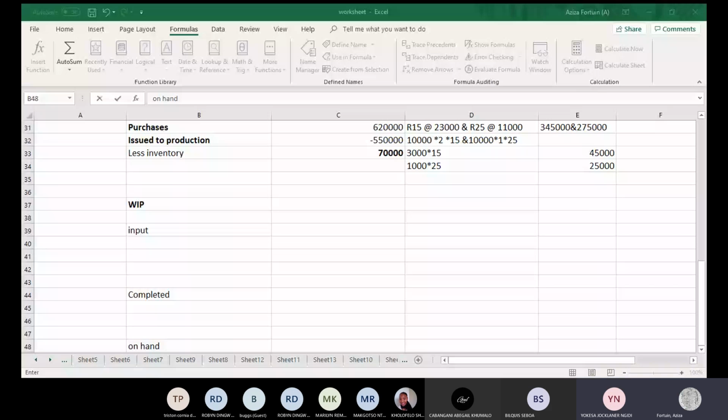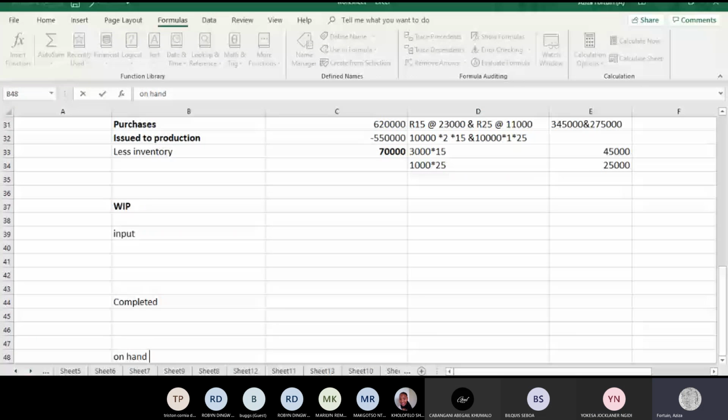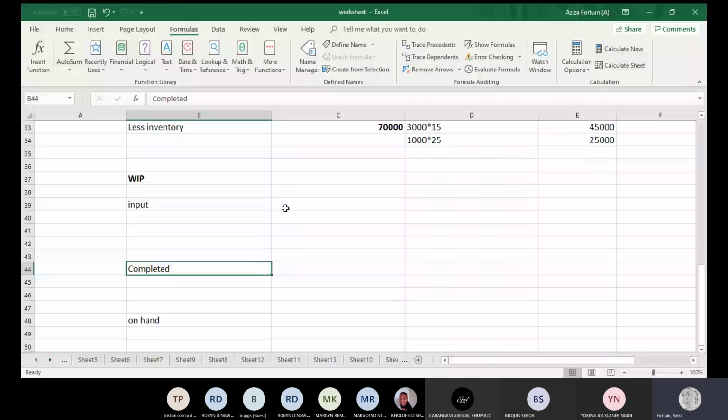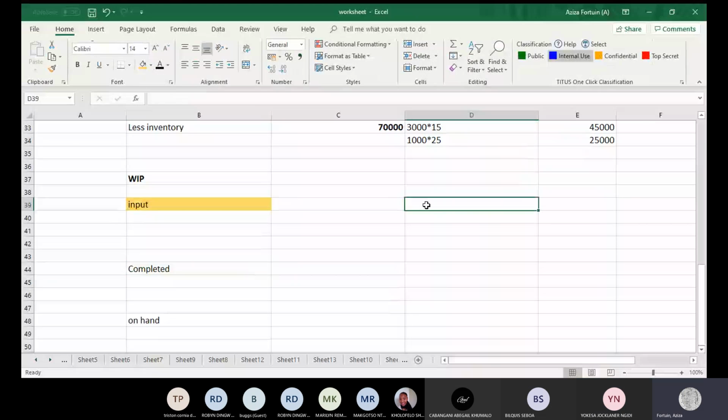Let's go. So our WIP framework will be input, completed, and on hand. Let's start with input first. How are we going to calculate the input?